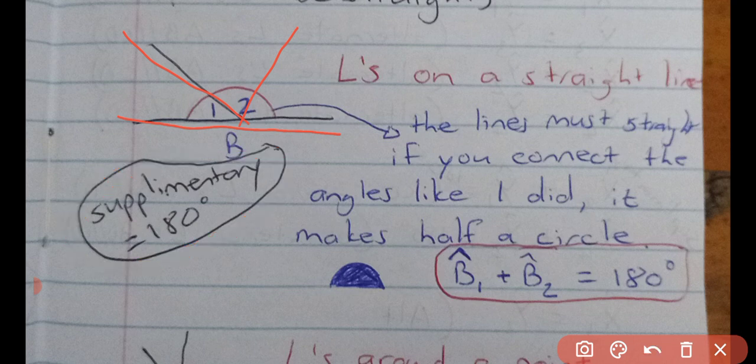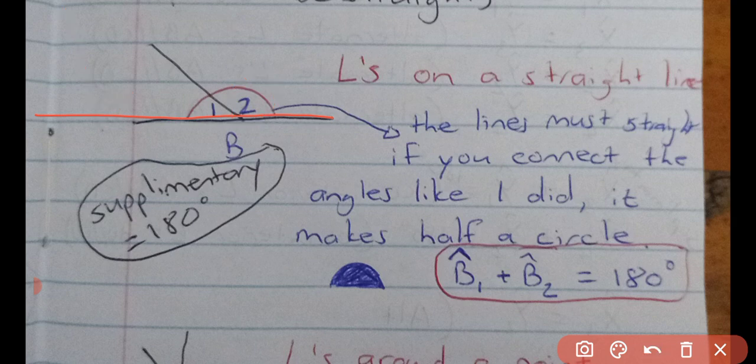Sometimes you get something like this. Let's just continue this line here, and then there's another line. This one and this B2 that I've got here are not angles on a straight line because I can't connect them and they don't make a half circle.